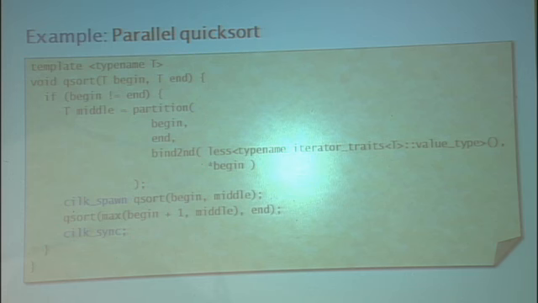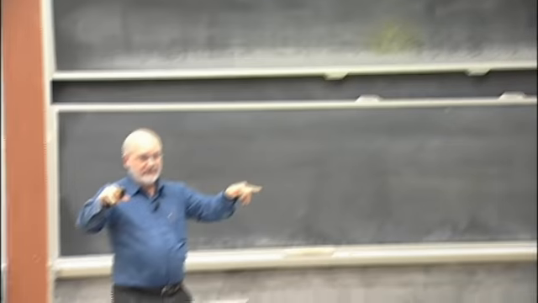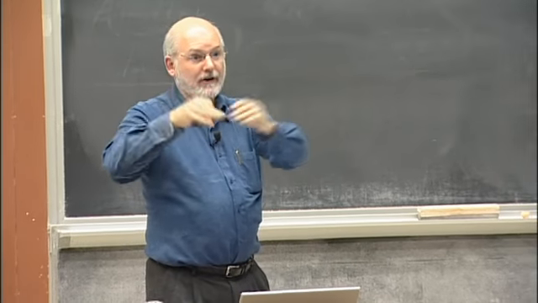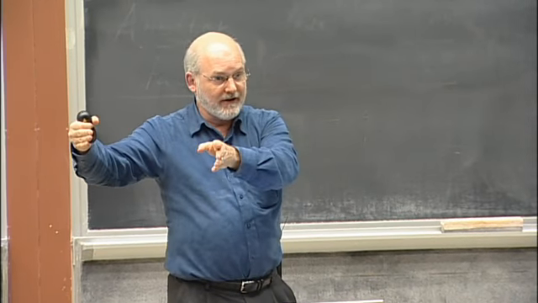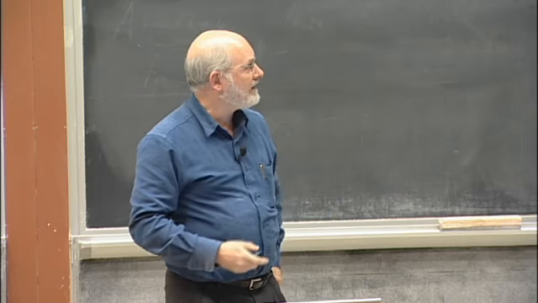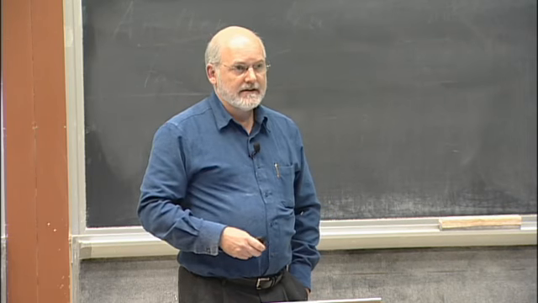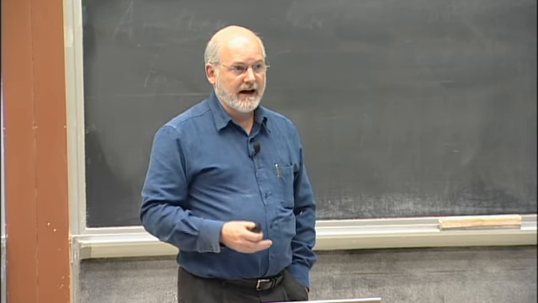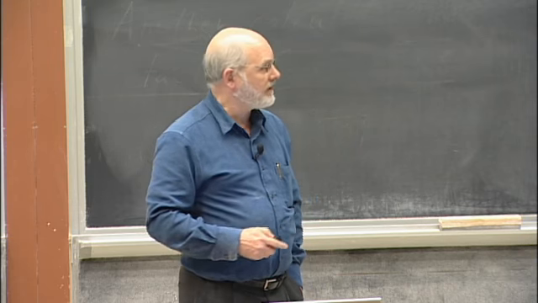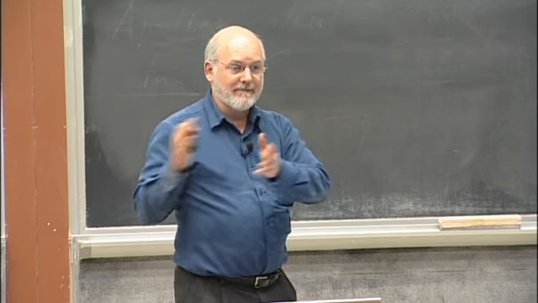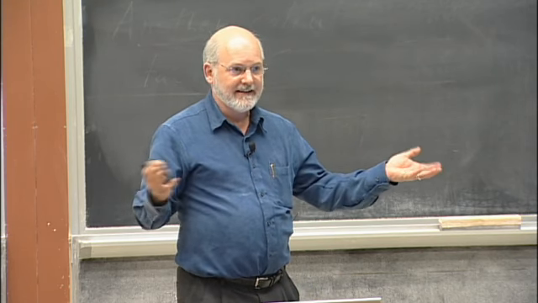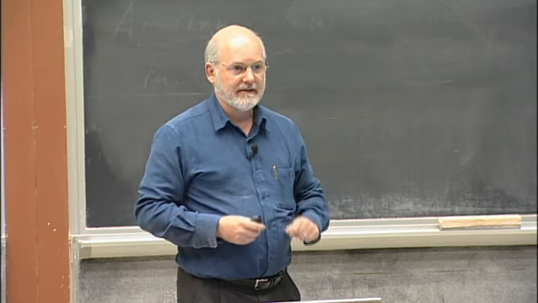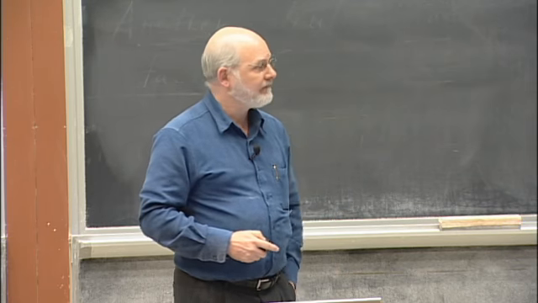And then we sync. So what we're doing is quicksort where we're spawning off the two subproblems to be solved in parallel recursively. So they're going to execute in parallel, and they're going to execute in parallel, and so forth. Okay? So a fairly natural thing to do is divide and conquer on quicksort, because the two subproblems can be operated on independently. So we just sort them recursively, but we can sort them in parallel.